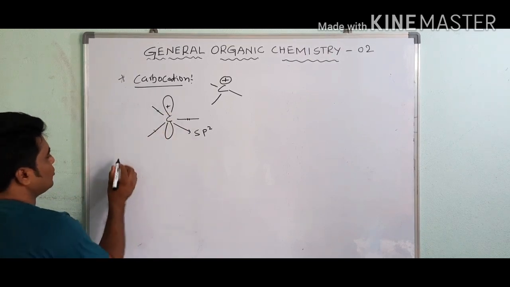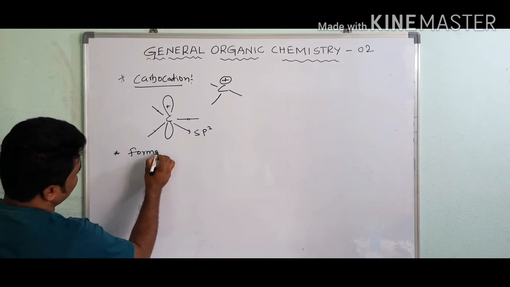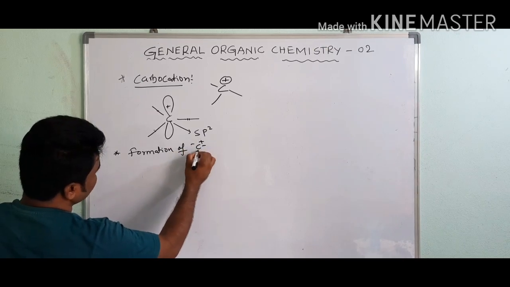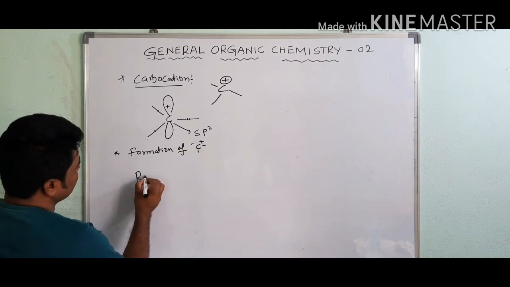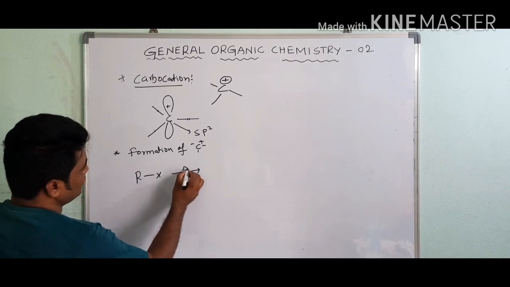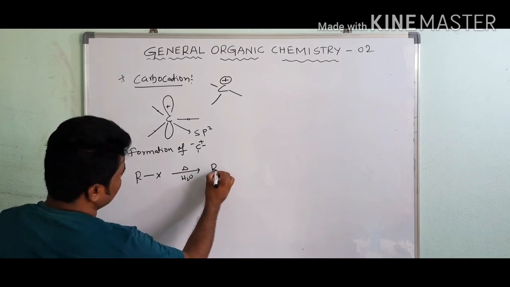How is carbocation formed? See, you can see the formation of carbocation. Very simple. If you take an alkyl halide RX and heat this compound in presence of water, like hydrolysis, first you will get what?